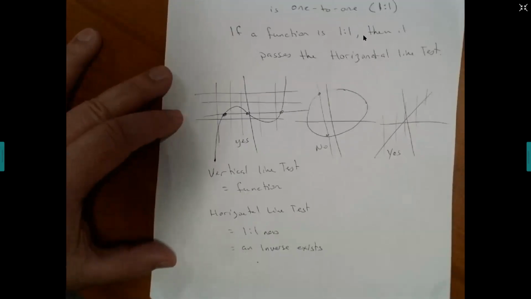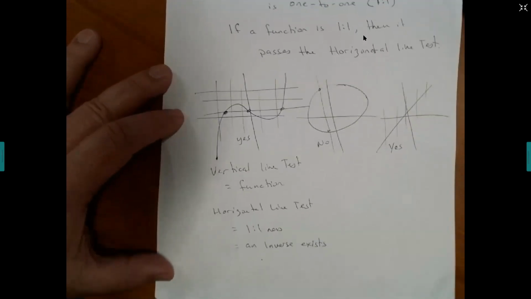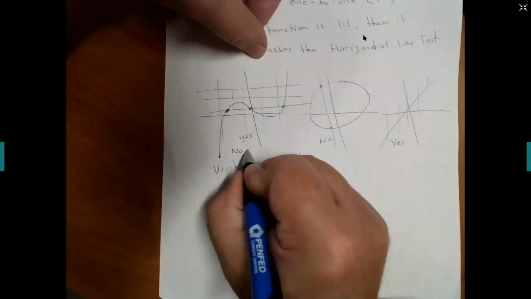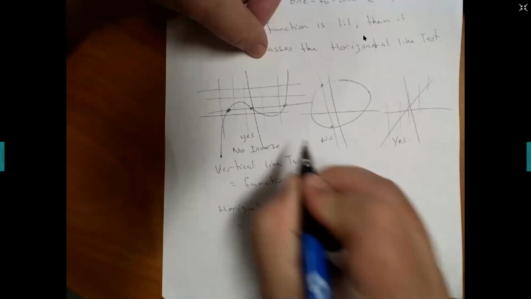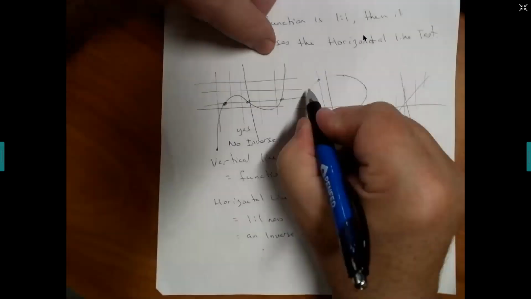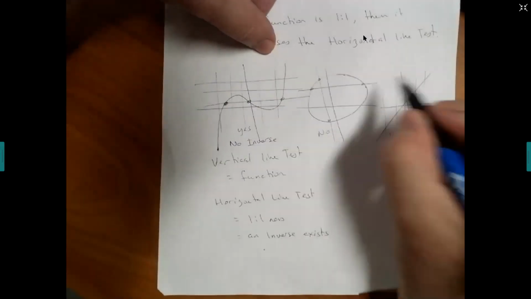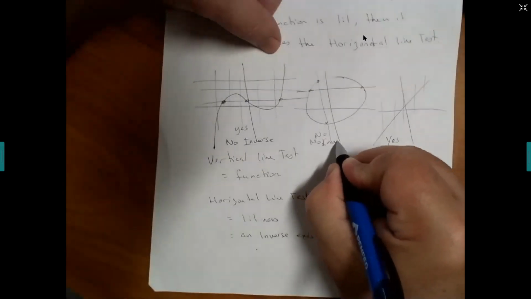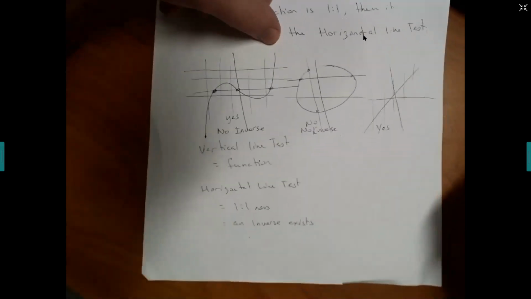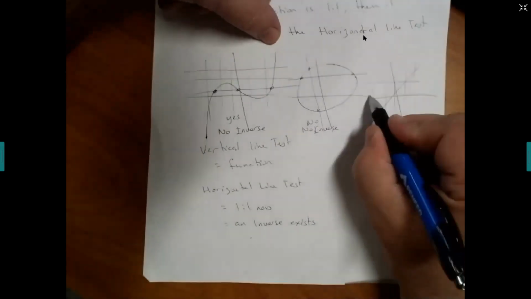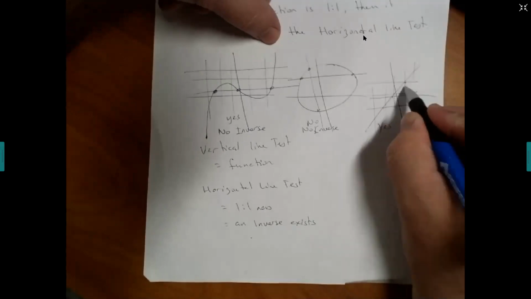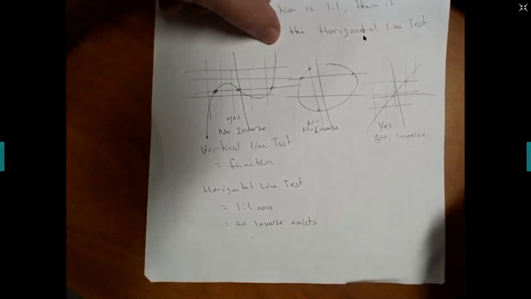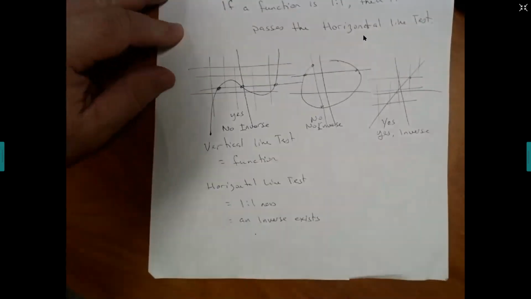If it crosses more than once, then it does not have an inverse. So this one has no inverse. A circle, again, fails the horizontal line test, so it has no inverse. A line, on the other hand, yes, it has an inverse. So it is a one-to-one function.